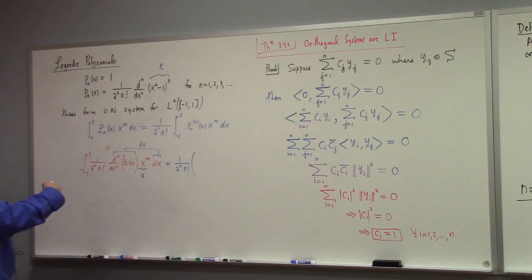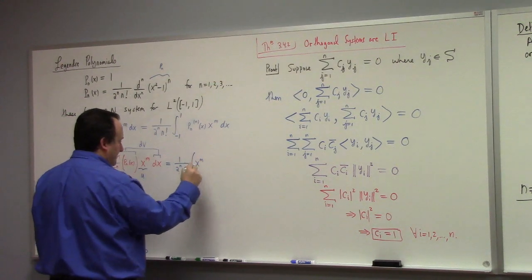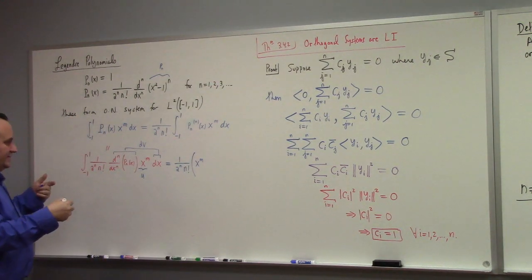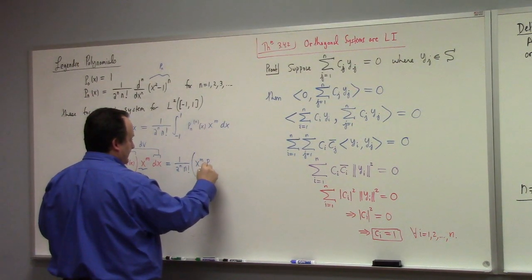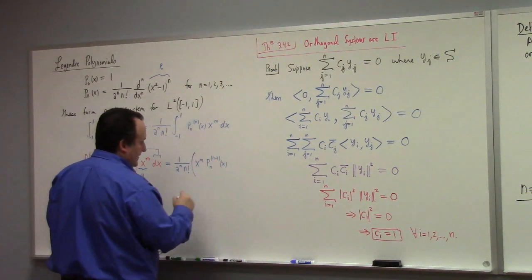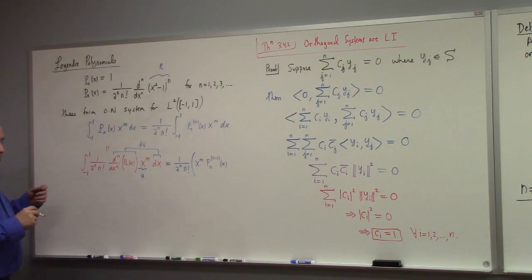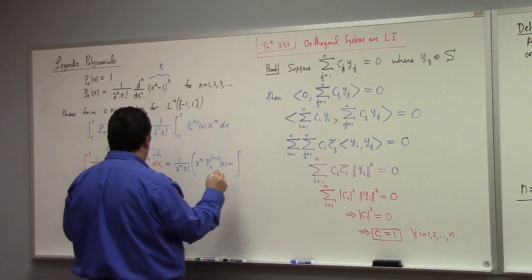So if we integrate that once, the u is x to the m, obviously, right? And then the v is the n minus 1th derivative of that. So that's the v, and minus the integral of v du.